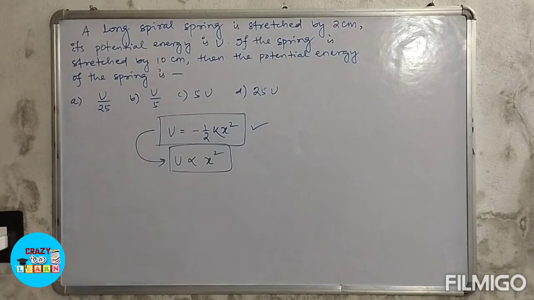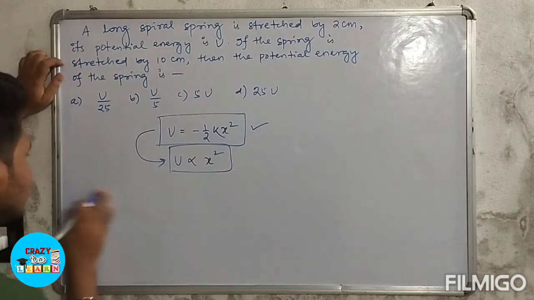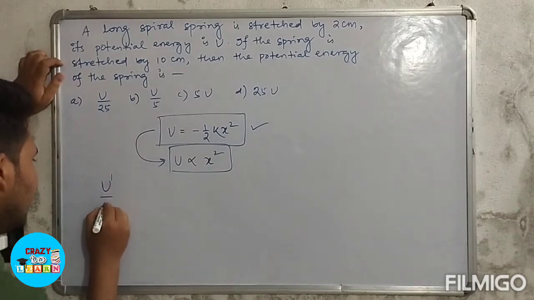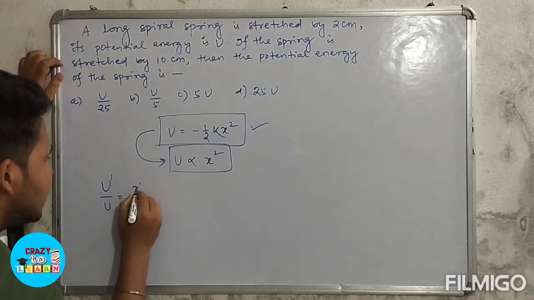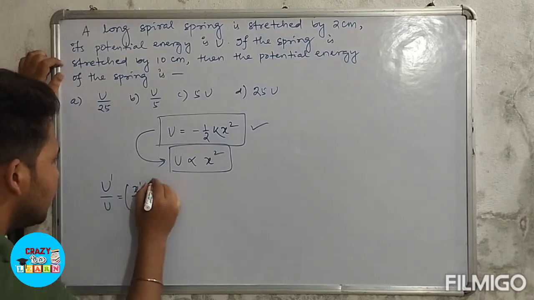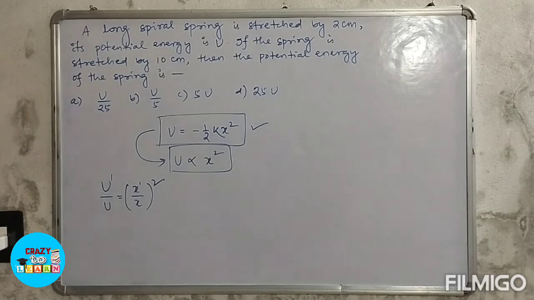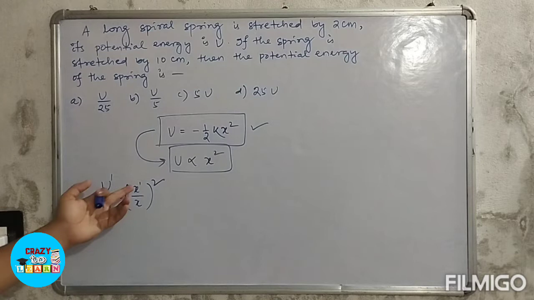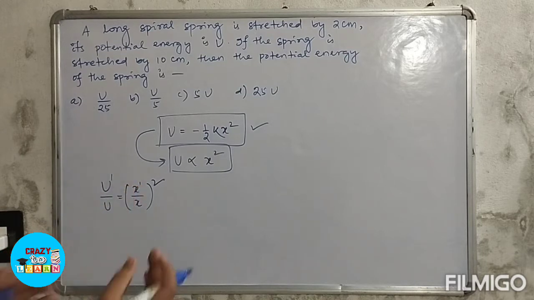From this formula, for the two cases, what will you get? Now U dash by U is equal to x dash by x whole square. Let U dash be the second case and U the first case, and x dash is the length extended in the second case, x the length extended in the first case.